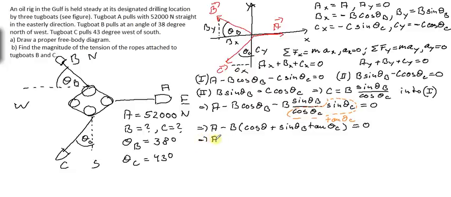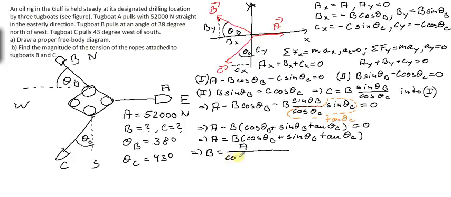From that it follows now that A equals B, I bring this over to the right hand side, times cosine theta B plus the sine of theta B times the tangent of theta C. And now we already get our expression for B. It is just the magnitude of A divided by the cosine of theta B plus the sine of theta B times the tangent of theta C.